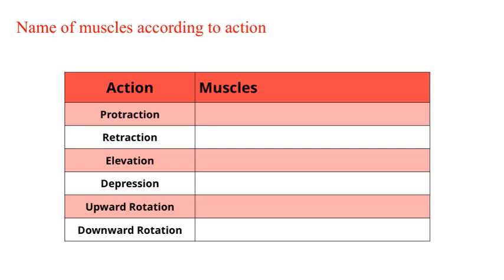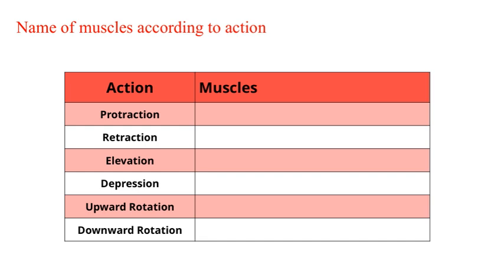Let's take a closer look at the muscles based on their actions. When we talk about protraction, we're referring to muscles that move the scapula forward, such as during pushing movements. For retraction, those muscles pull the scapula backward, like when you squeeze your shoulder blades together. Elevation involves muscles that lift the scapula, like when you shrug your shoulders. Depression is the action of lowering the scapula, such as when you relax your shoulders downward.